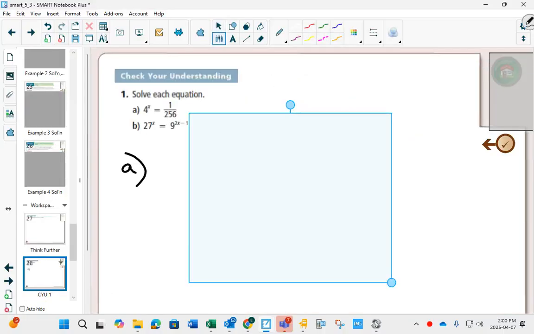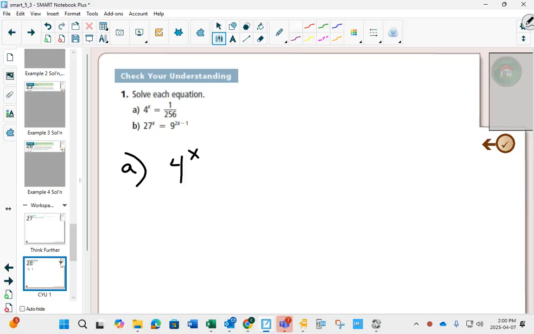I'm going to keep them as powers of 4. In other words, on this side, I have 4 to the x, and 256 is 4 to the 4 from my powers chart. Now, what can I do with exponents on the bottom side of a fraction? I have an exponent law for that.